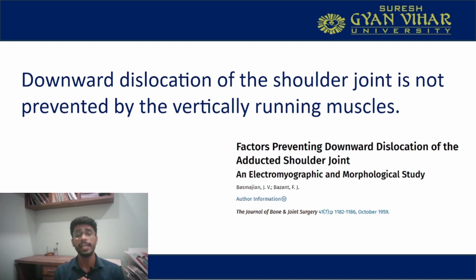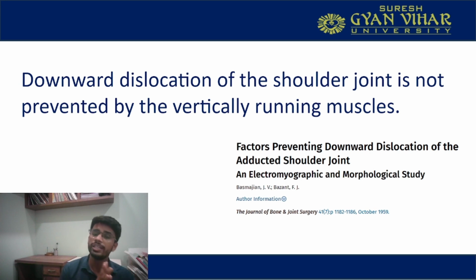There was an electromyographic study done in the shoulder joint, and it revealed that if there is inferior dislocation of the shoulder, it will not be prevented by the vertically running muscles, which means it will be resisted by the horizontally running muscles, which is your supraspinatus. Your vertically running muscles will not prevent that.